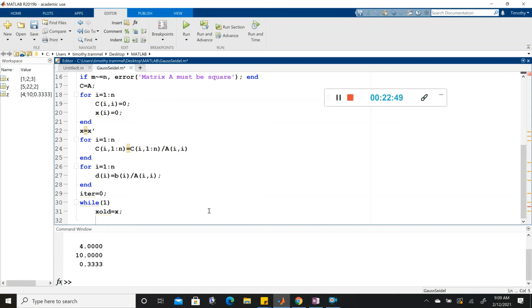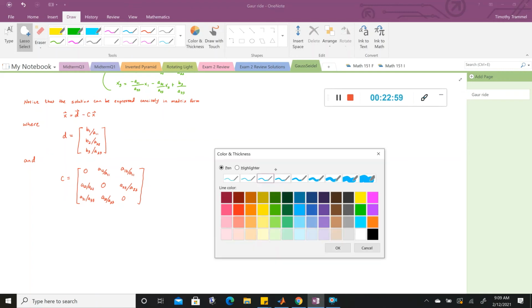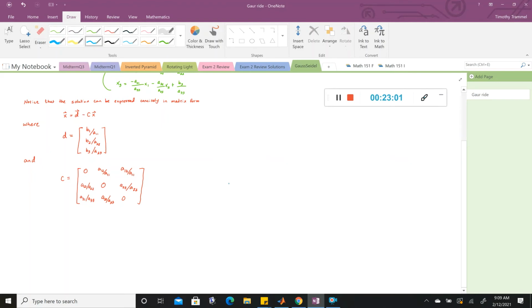And then we need to start a for loop so that we can compute each one of the rows. And so it might be helpful for us to switch over to OneNote so we can kind of see how that's going to work. Let's just maybe think about row 1 here. Okay. So if we're thinking about row 1, meaning we want to calculate x1, the question is, well, how could we do that?